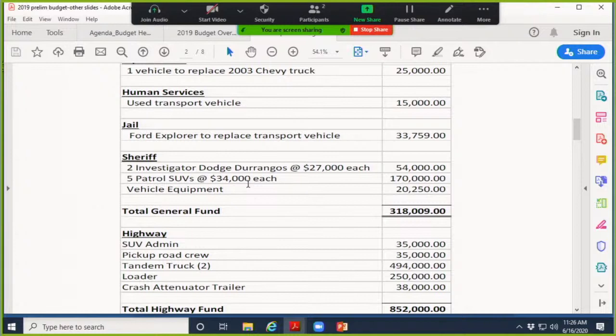How many miles are on those vehicles, Craig? The one that I drive the most is the one I keep track of, that is around 150,000, another one's around 160,000. What years are they, do you know? 2008. So if we give the higher mileage one to Human Services, I don't know what to tell you about buying the new vehicle. Somebody else with more knowledge on vehicles than me.